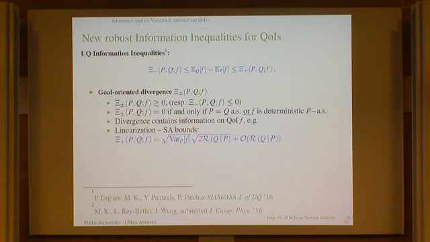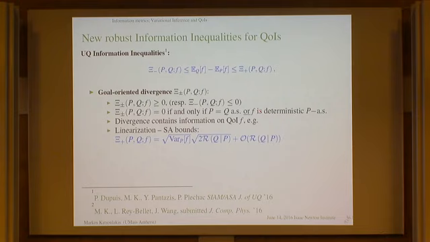So basically, there is a new inequality that we proved with Paul Dupuis, Markos Katsoulakis, and Yannis Pantazis in this paper. There is a new inequality that has these new objects, psi, we call them goal-oriented divergences. Basically, they are divergences themselves, because they are zero only if p is equal to q, or if f is deterministic.